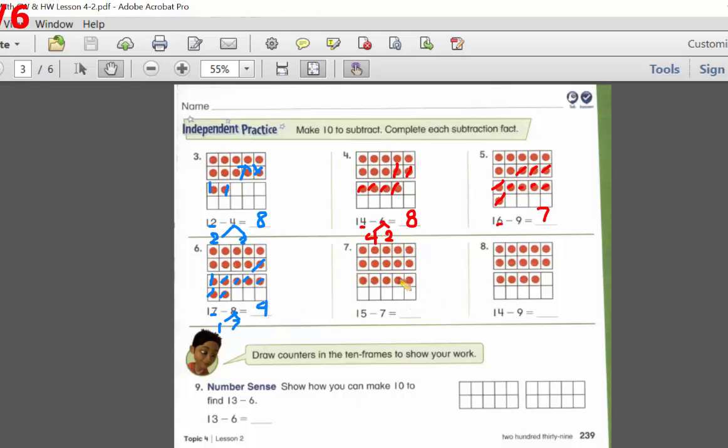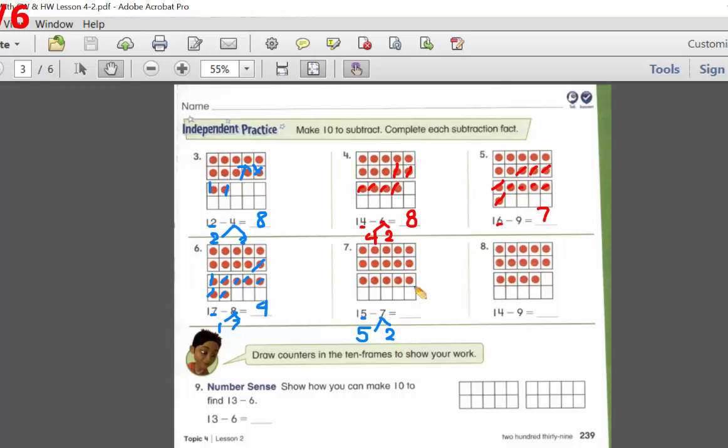One more time. I have here 15 counters. I want to cross out 7 because 15 minus 7. So what will you do? I will first break 7 into two parts. One part will be the same number as this number, 5, to make 10. Then 7 minus 5, what will be the other part? 2.